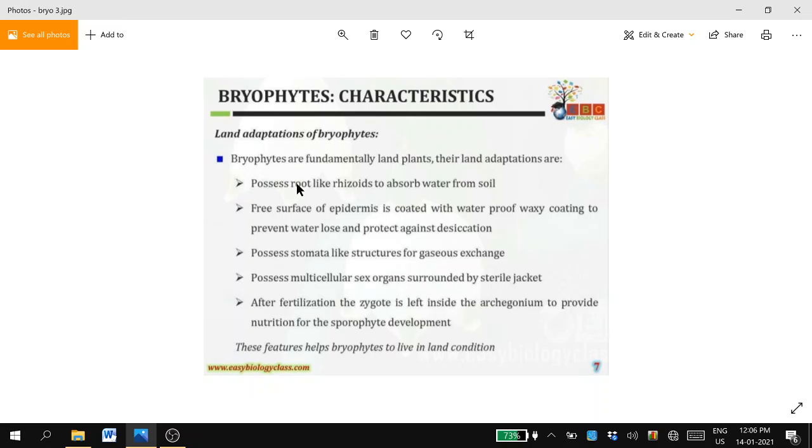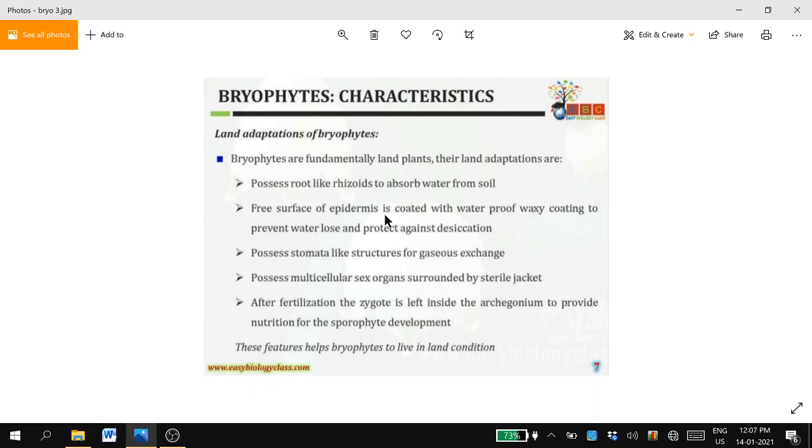As the root performs the function of water absorption in higher plants, likewise rhizoids perform the function of water absorption from soil in bryophytic plants. So the presence of rhizoids is an adaptation of bryophytes towards the terrestrial habitat.